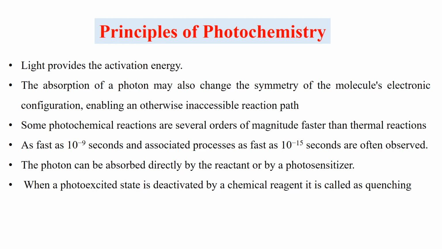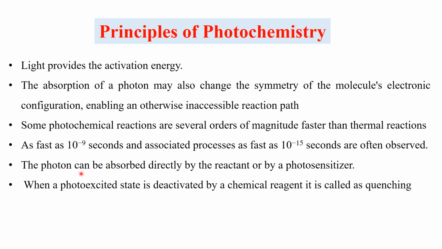And the photochemical reactions are sometimes very fast. They are completed in 1 nanosecond, that is 10 raised to minus 9 second. And some of the processes associated with these chemical reactions are completed in 10 raised to power minus 15 seconds.